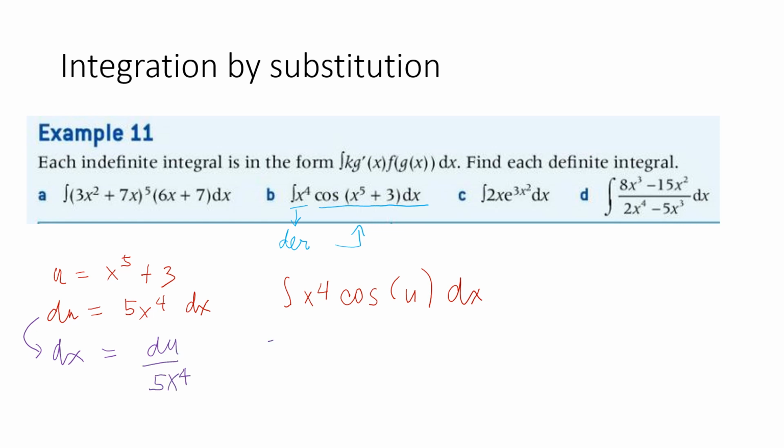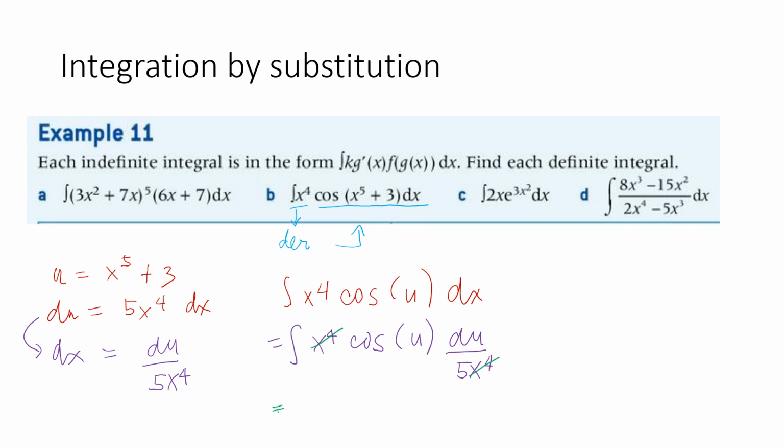So let's replace that with this. x raised to 4 cosine u. We are substituting u to the function that is to be derived. And dx is du over 5x raised to 4. Then we can use cancellation here.